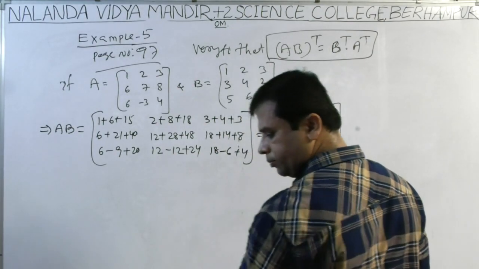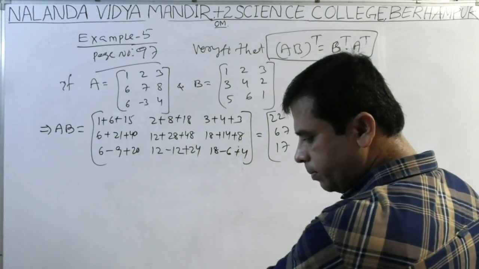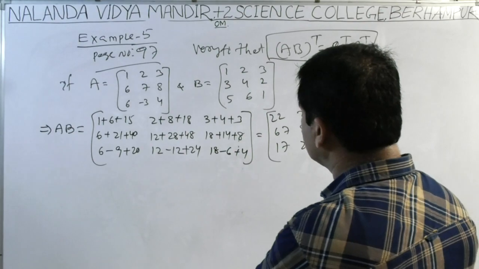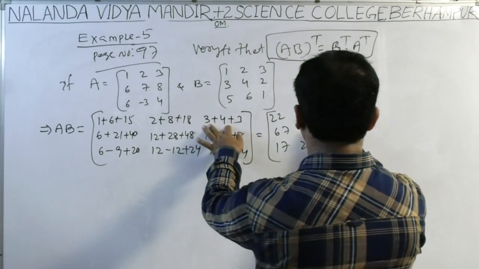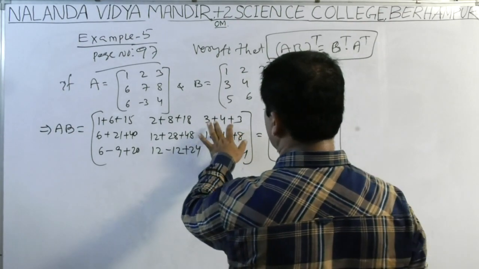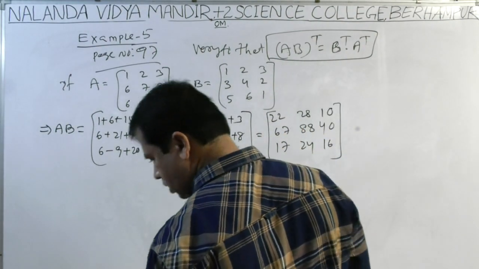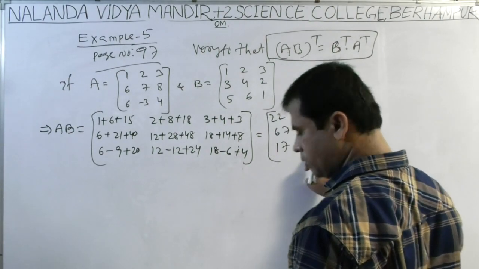This is our A plus B. Four plus 3 plus 3, 10. 67, 88, 40, 17, 24, 16.